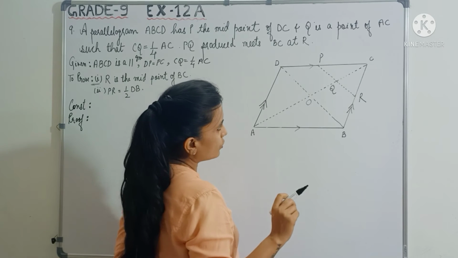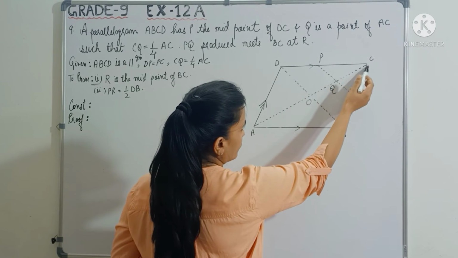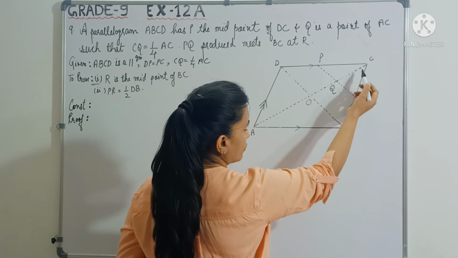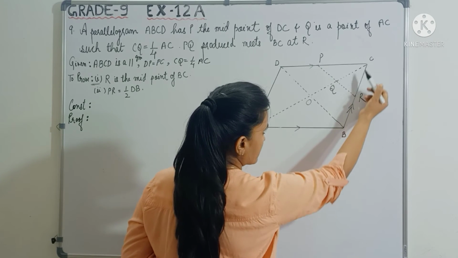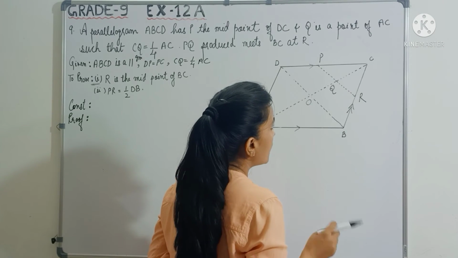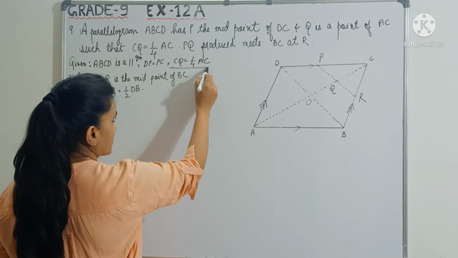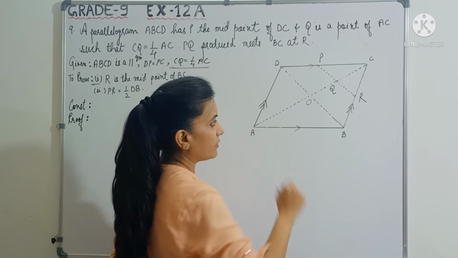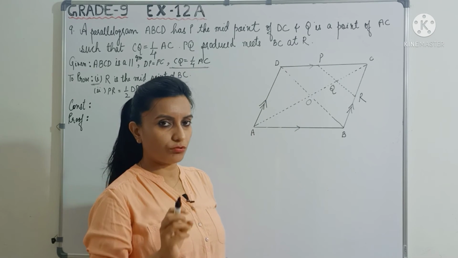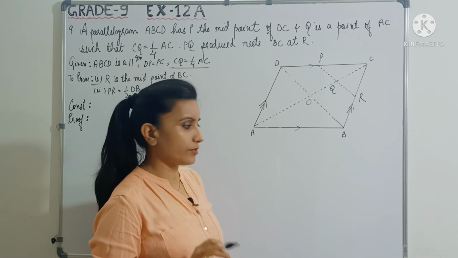So how will you show that Q is the midpoint of CO? Because once you show Q is the midpoint of CO, that will help to show that R is the midpoint of BC, right? So here I have this information, and also since ABCD is a parallelogram, we know that in a parallelogram the diagonals bisect each other, right?